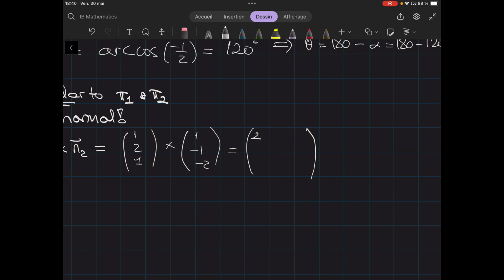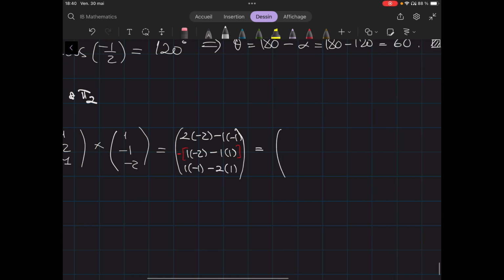Cover the first row, you will get 2 times -2 minus 1 times -1. Covering the second row, you will get 1 times -2 minus 1 times 1. Because it is the second row, you must add a minus in front of it. Cover the third row, you will get 1 times -1 minus 2 times 1.